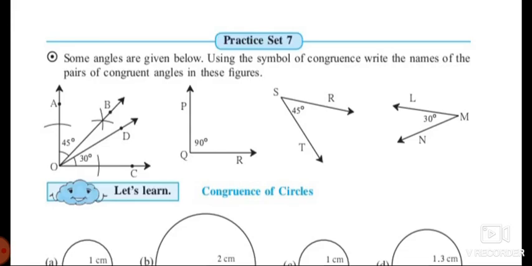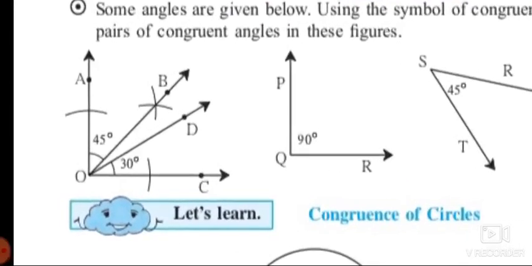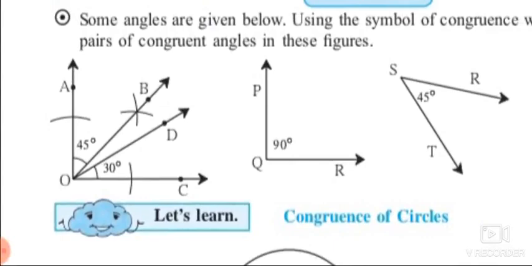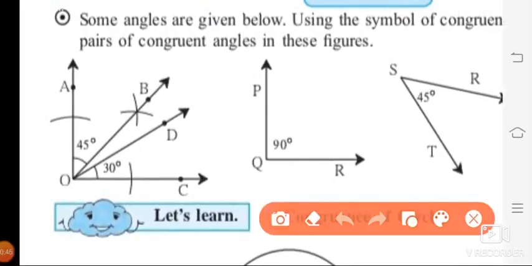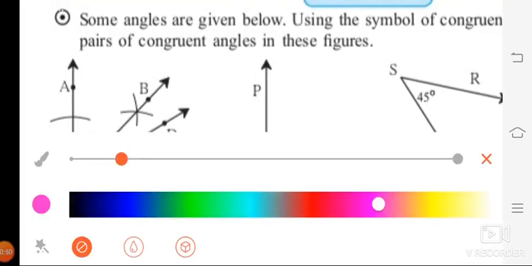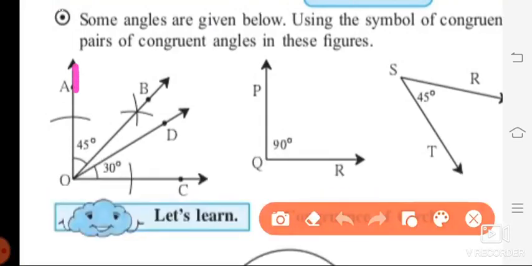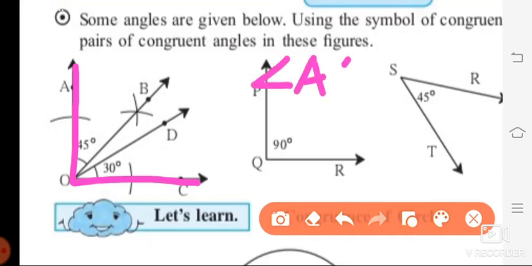Okay, now students, first we will study the first angle properly. So here in this figure they have given us angle AOC. Okay, I'll show you. This is the angle AOC. What is its measure? Correct, its measure is 90 degrees. So I'll write here in rough, just see, angle AOC is equal to 90 degrees.